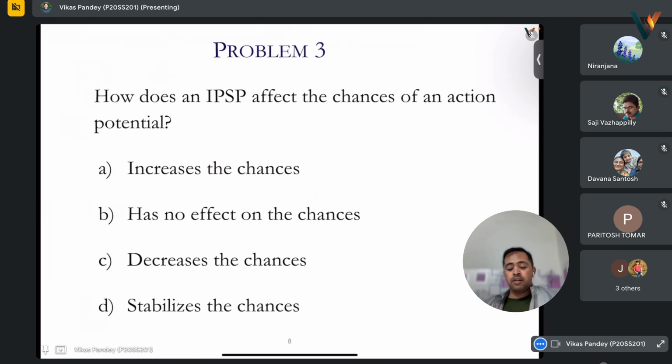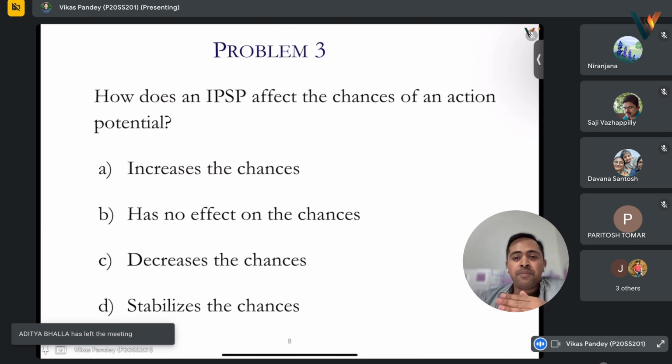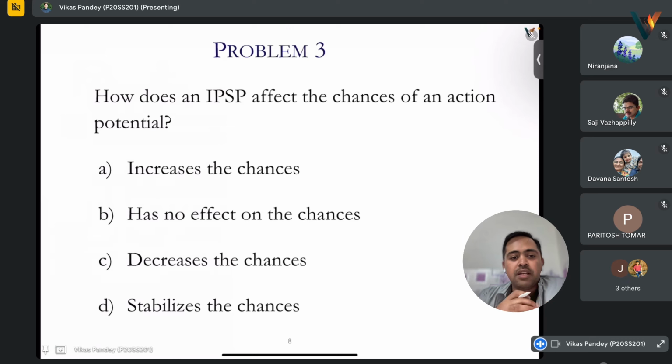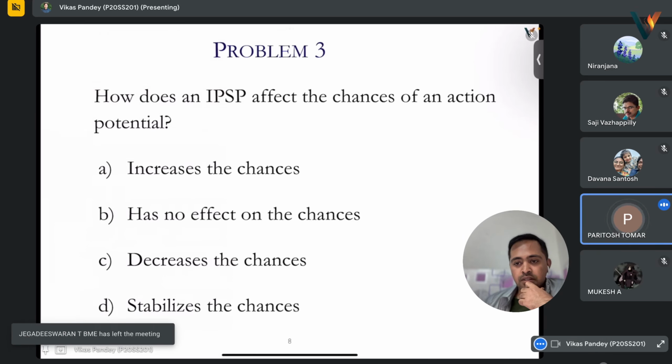Okay. How does IPSP affect the chance of an action potential? So I think this is in continuation with that. So any answers? Will it increase the chance? It decreases the chance. And the name itself, it is inhibitory, right?